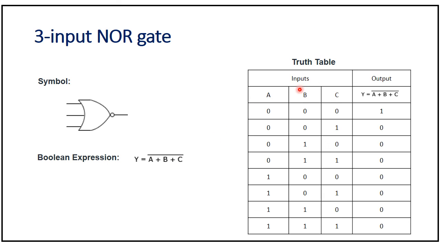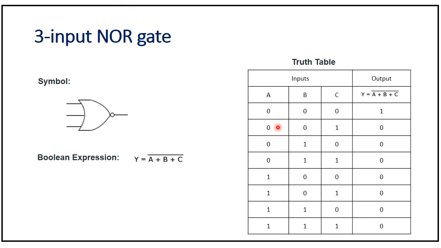Truth table. Here it has 3 inputs A, B, and C, and 1 output. The expression of output is equal to A plus B plus C, and its complement. Suppose we have inputs A, B, C all 0, then 0 plus 0 is 0, and 0 plus 0 will be again 0, and the complement of 0 is 1.